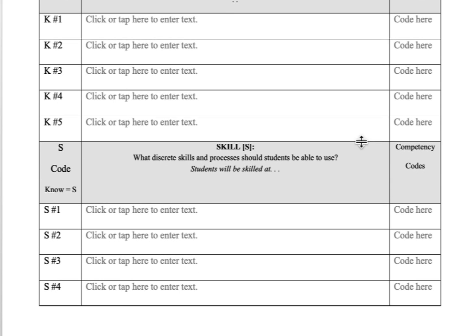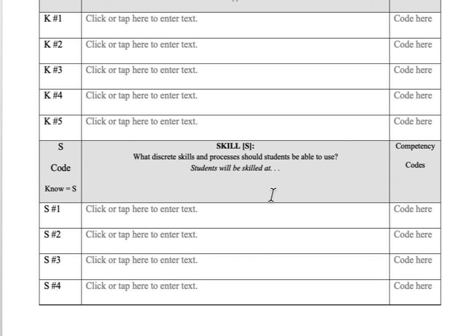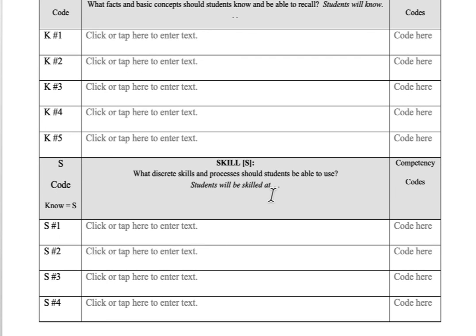And then below that, I'm going to list the skills that the students will need to acquire. Now, the difference between knowledge and skills is knowledge is something that the students will know like a fact, like slope is rise over run. Whereas a skill is something that students need to be able to actually do.